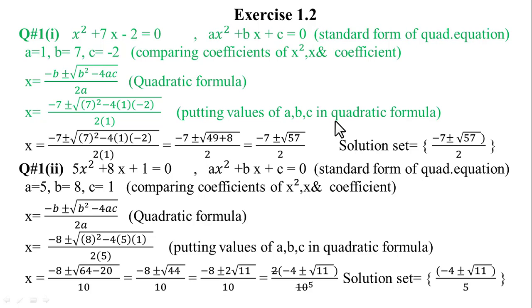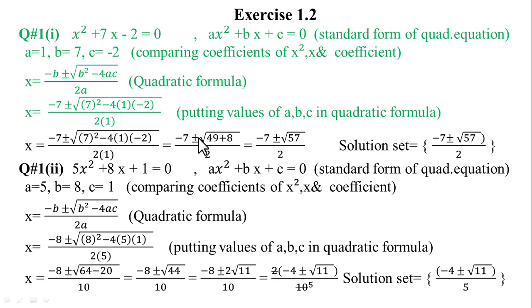Now solving the equation, we have x is equal to minus 7 plus minus the square root of 7 square minus 4 into 1 multiplied by minus 2, divided by 2 into the value of a, 1. So minus 7 plus minus the square root of 7 square, which is 49, minus multiplied by minus is plus, 4 ones are 4 and 4 twos are 8.